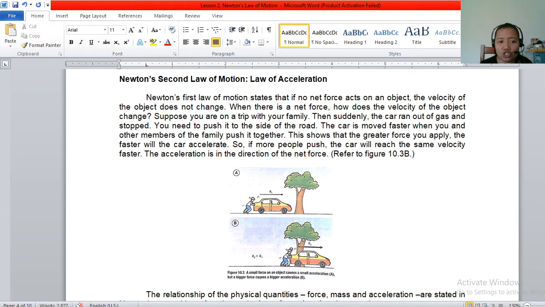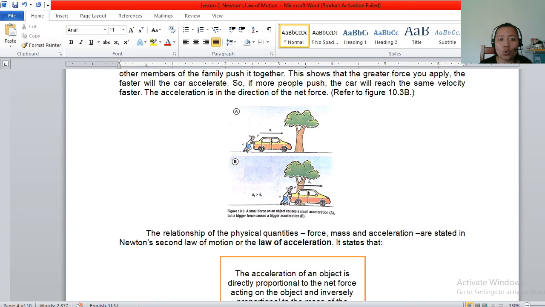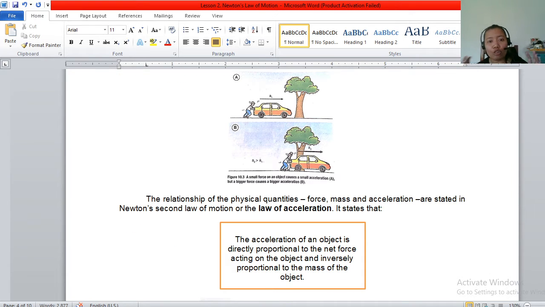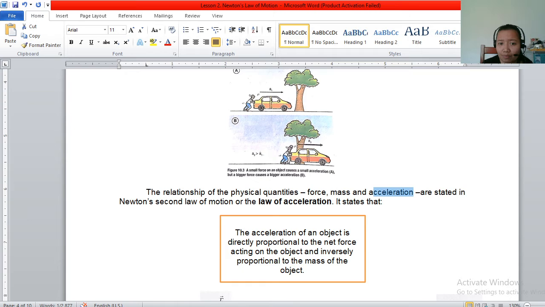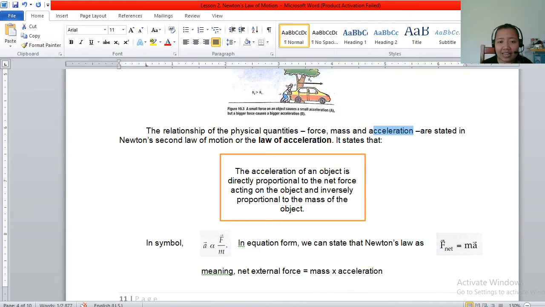So, the relationship of the physical quantities: we have three physical quantities involved in the law of acceleration, and these are force, mass, and acceleration, stated in our second law of motion, or the law of acceleration. So, the statement for the law of acceleration, kindly check your module, baka may error.